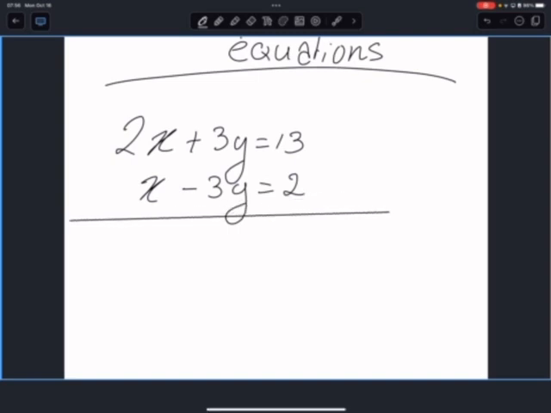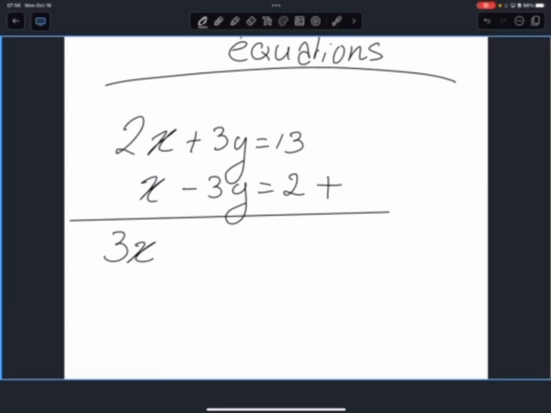So in this particular case, I decide to add the two functions together. What happens when I add them together? x plus x equals 2x. Positive 3y.